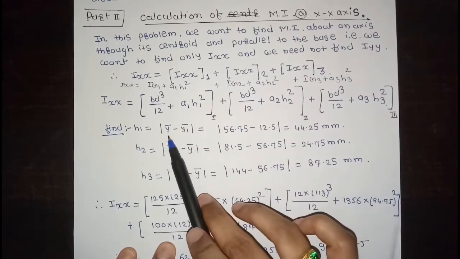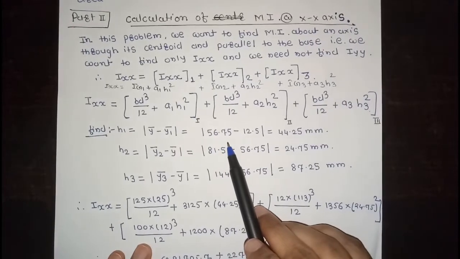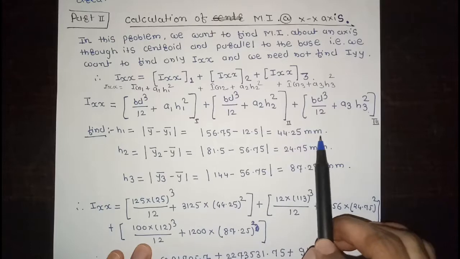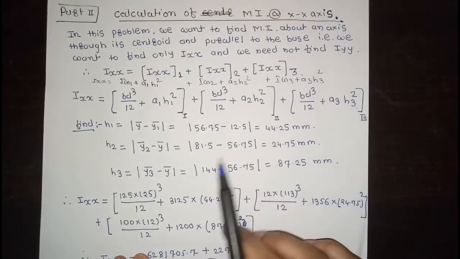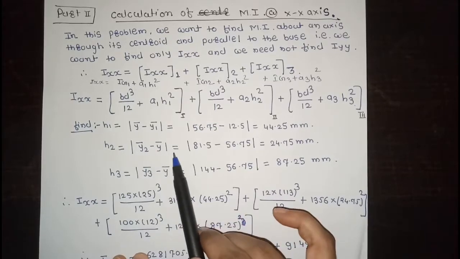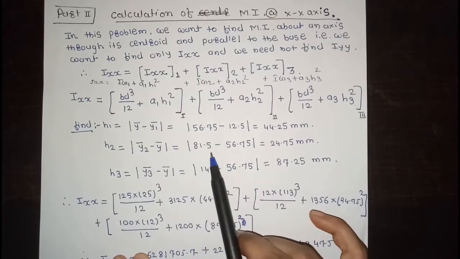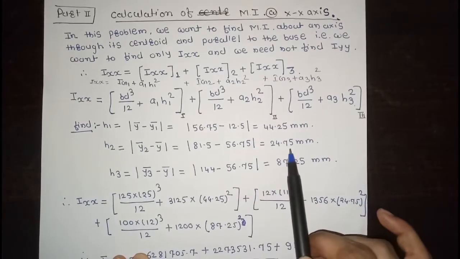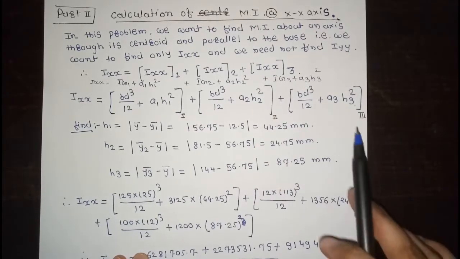So what is the value of y bar? 56.75 minus 12.5 is equal to 44.25 mm. Then H2 is equal to the mod of y2 bar minus y bar, which is 81.5 minus 56.75, equal to 24.75 mm.